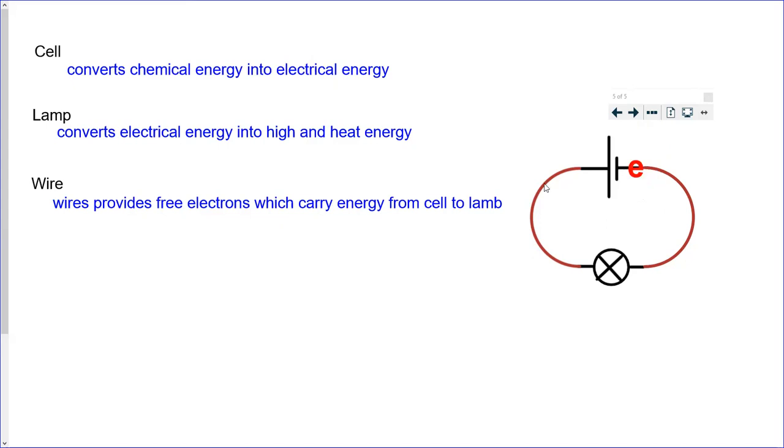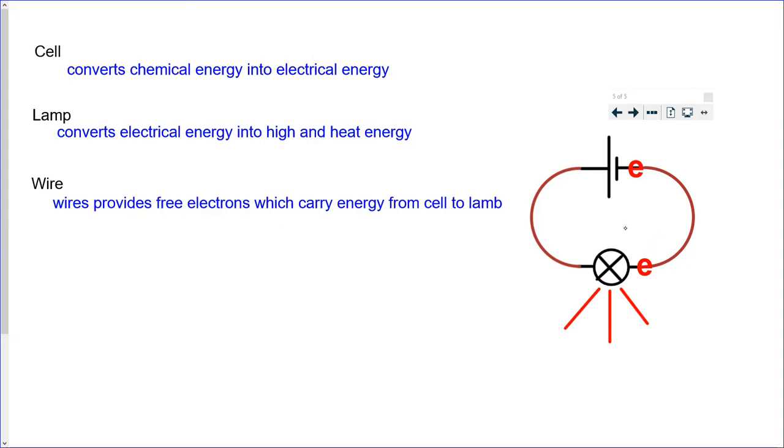The negative terminal of the battery repels it and it flows from here to here. When it reaches the lamp, the lamp only consumes and radiates out the red energy. The lamp radiates the energy and lets the electron go.